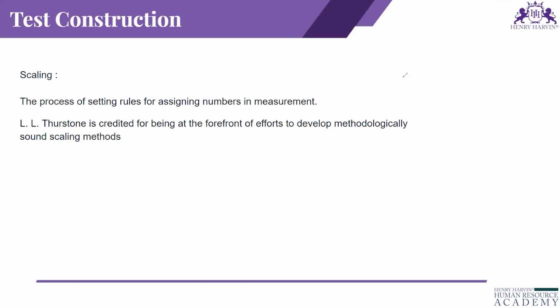L. L. Thurstone is credited for being at the forefront of efforts to develop methodologically sound scaling methods. So that scaling again is very important, because we have prepared the test, but if we are not able to assign numbers or do that scaling properly, the whole purpose will be wasted.